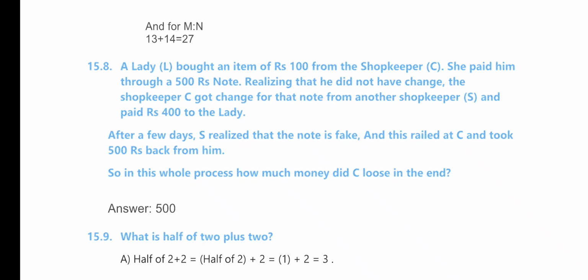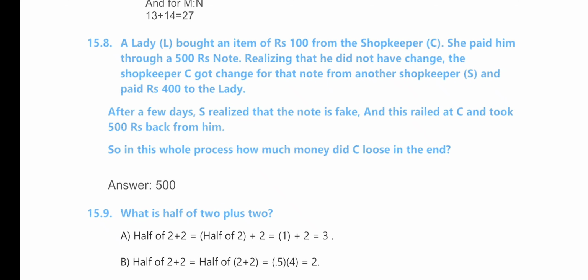And a lady bought an item of rupees 100 from the shopkeeper. She paid him through a 500 rupees note. Realizing that he did not have change, the shopkeeper got change for that note from another shopkeeper and paid rupees 400 to the lady.